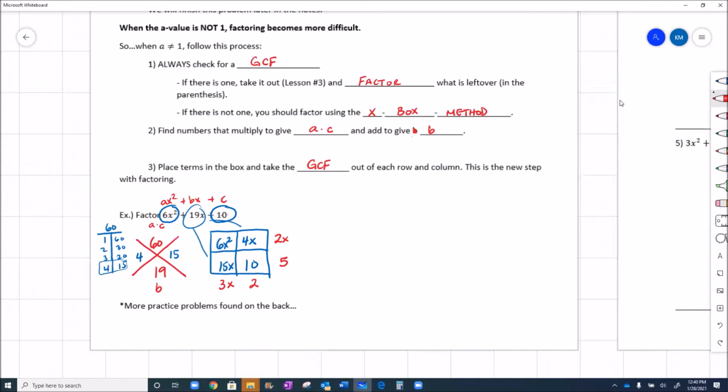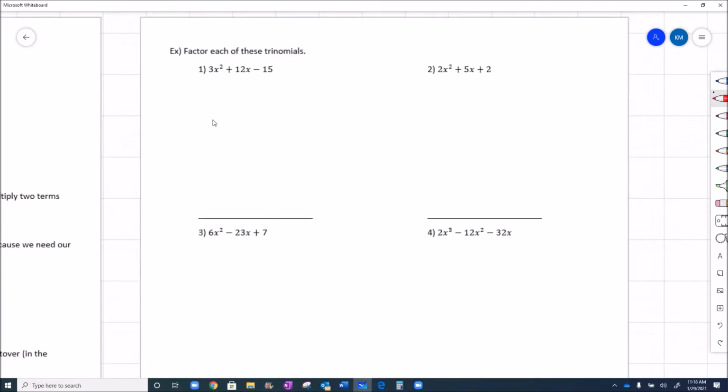As you go through, you should check your answers. Just make sure that when these numbers meet, that's their product in the box. Okay, 3 times. Yep. So here are our factors: 2x plus 5, 3x plus 2.